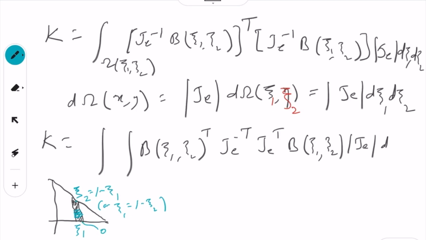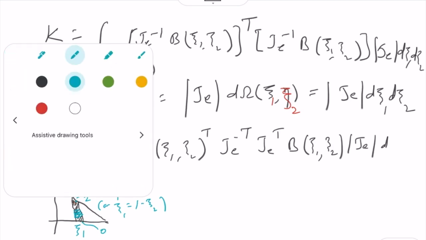So, basically we first integrate from here to here, and then we integrate from here to here. So, we are integrating from xi 2 equal to 0 to xi 2 equal to 1 minus xi 1.